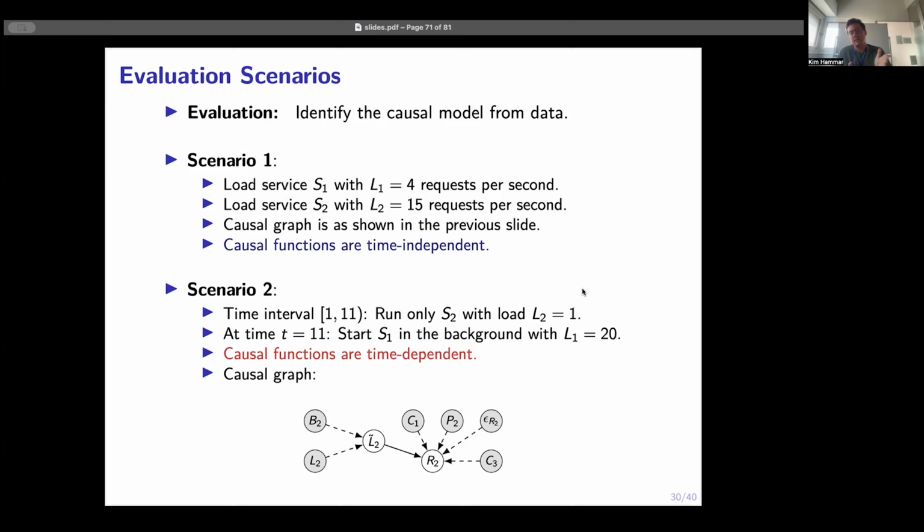But then in the second time interval, which starts at time 11, we start the other service in the background. And that will then cause the causal functions of service S2 to change. So the causal function will be non-stationary in this case. And this will allow us to investigate how our method can adapt to such changes.